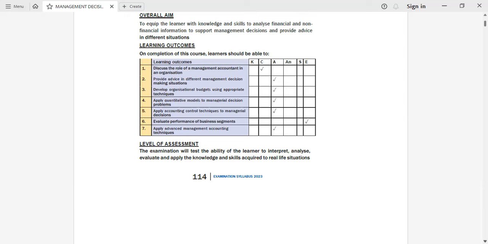But from that, the candidate will be required to attempt any 3 questions. So this means section A will give us 40 marks, and section B will give us the remaining 60 marks to make it 100. That's how the examination layout is going to be.